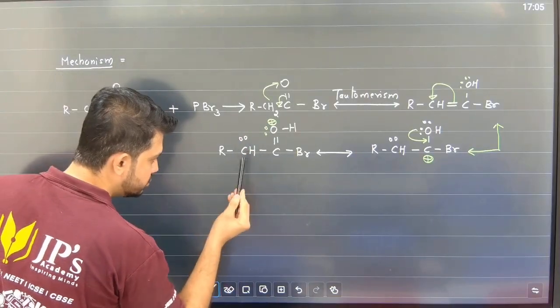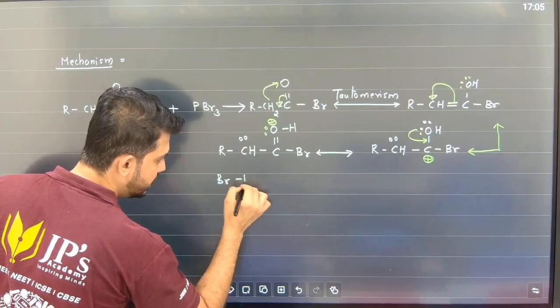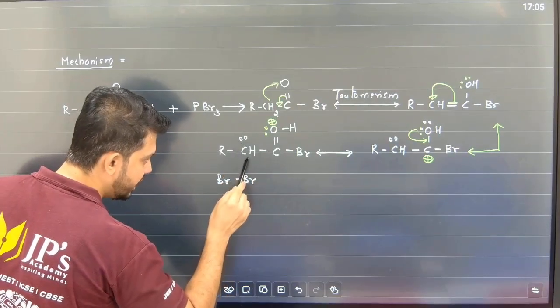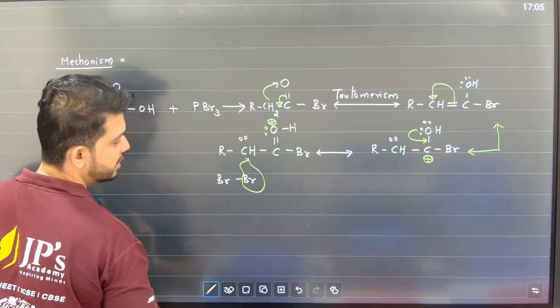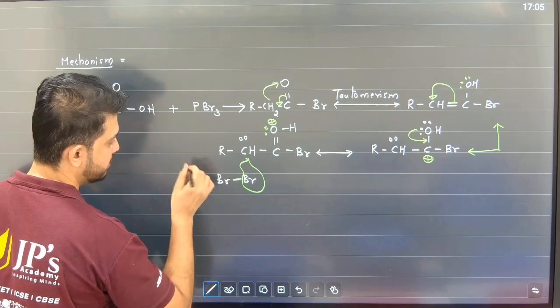Now what happens here students? Your Br2 will extract Br and this becomes Br minus.